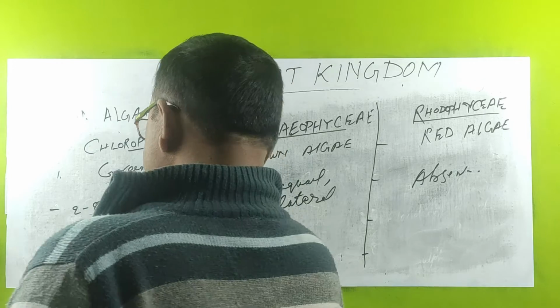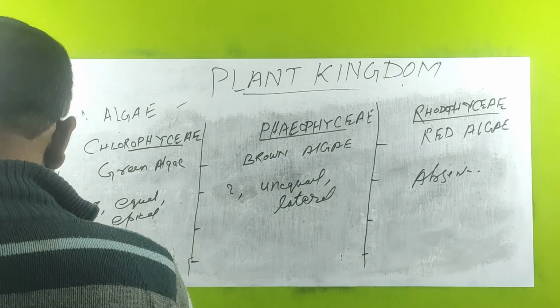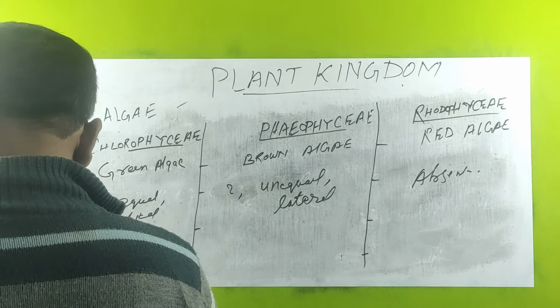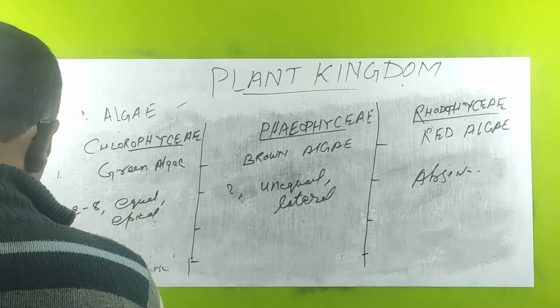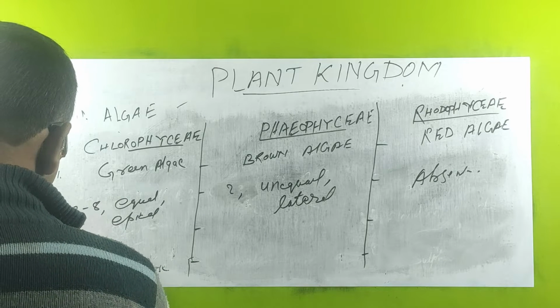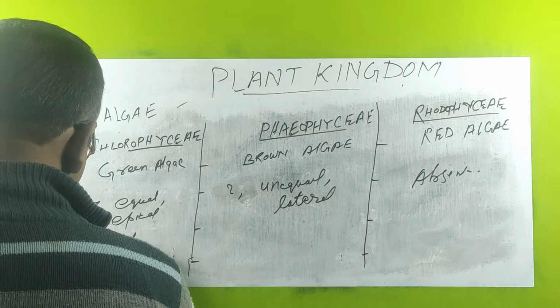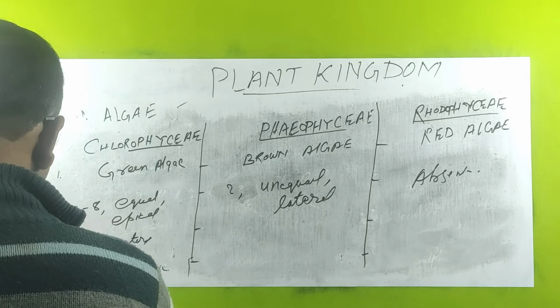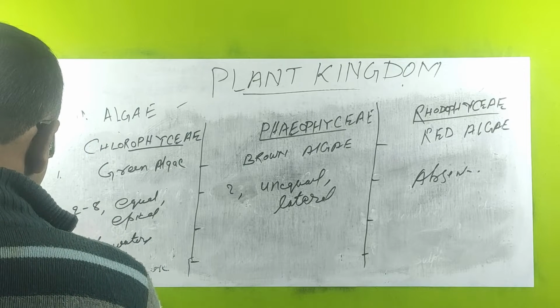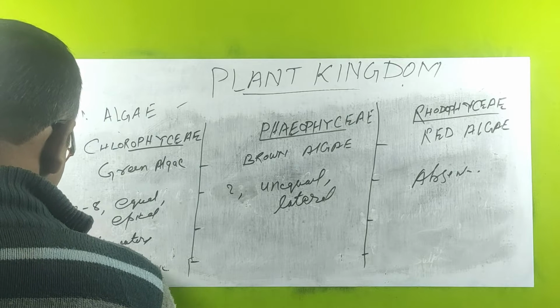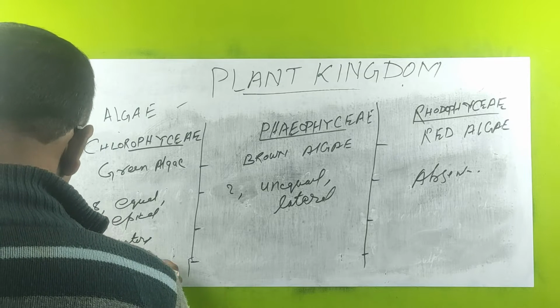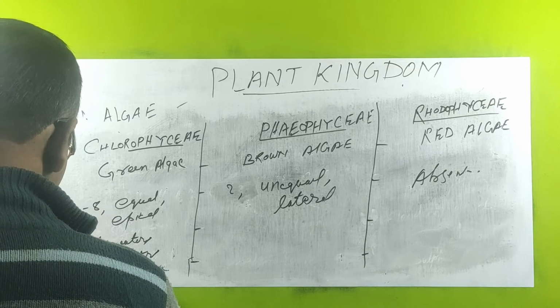And their habitats: green algae are present in fresh water, brackish water and salt water.